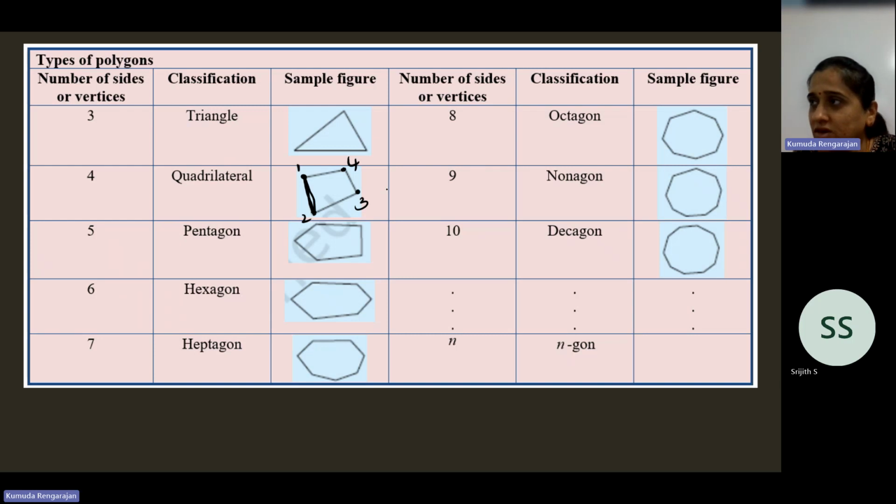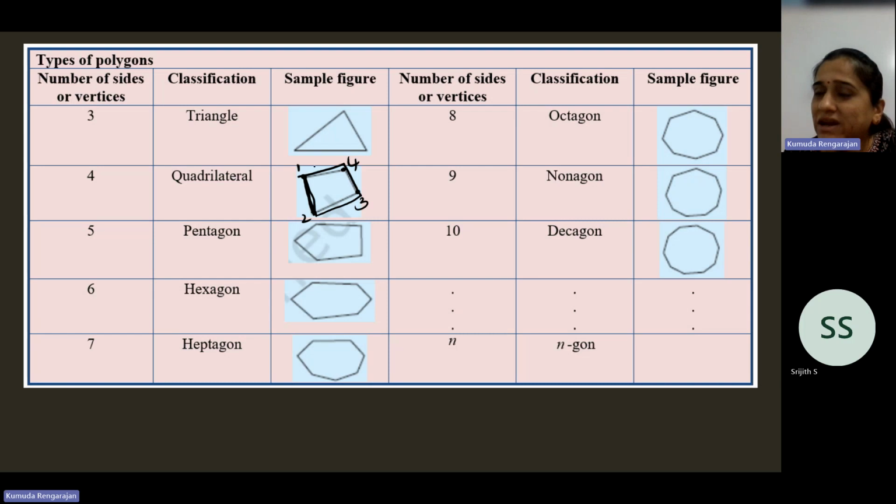Now see here, I have numbered the vertices: 1, 2, 3, 4. Now 1 and 2 are consecutive vertices. If you join vertex 1 and vertex 2, that's a side. Vertex 2 and vertex 3 are consecutive, so joining them is a side. Joining 3 and 4 is a side. 4 and 1 is a side.